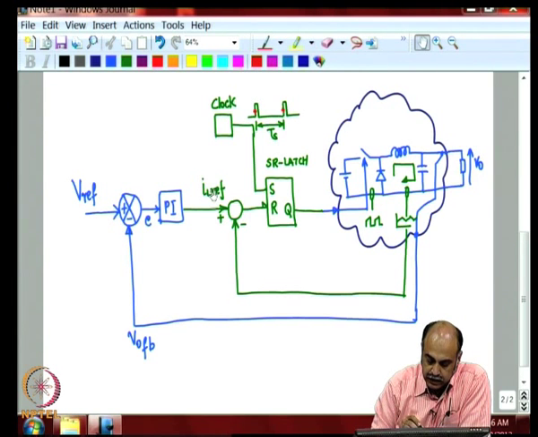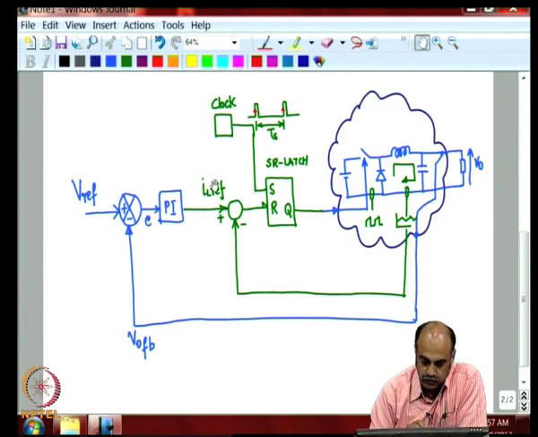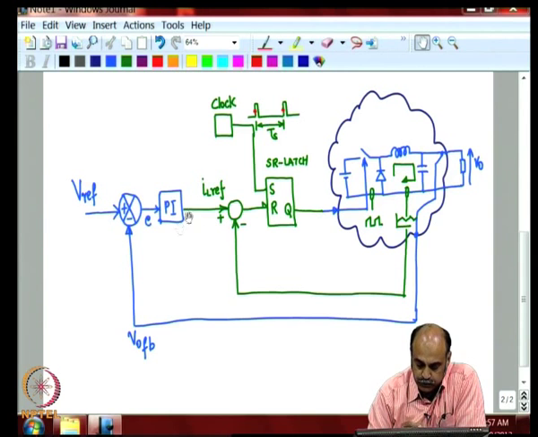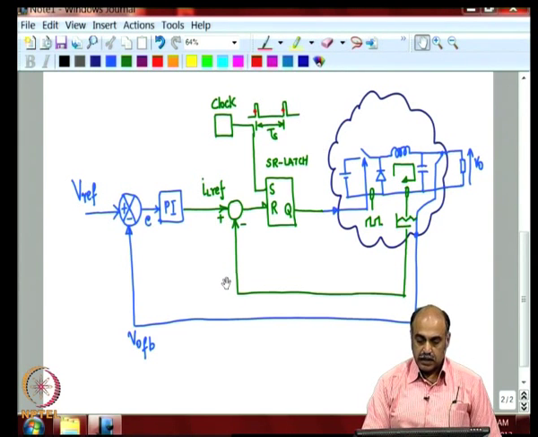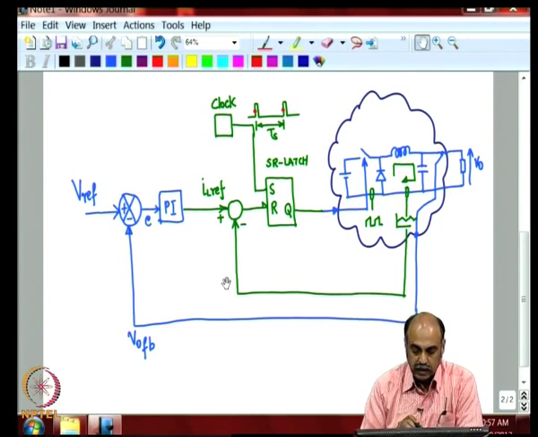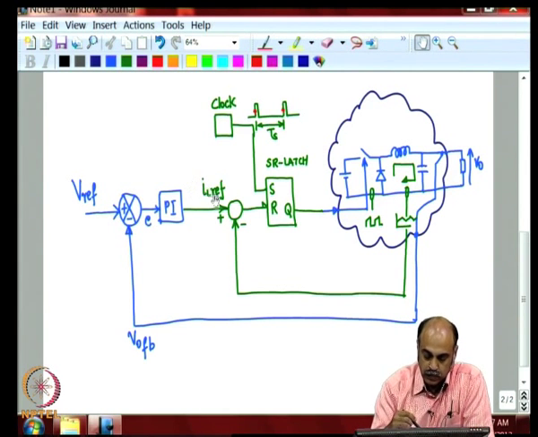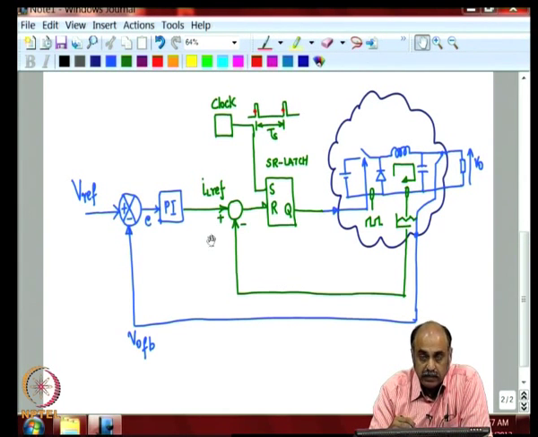And then there is a reference which is set by the output of the slow acting voltage control loop. So, the slow acting voltage control loop, the PI output, will define what should be the reference current. Of course, in practical implementation there are a few other modifications that will come in to address some problems in current control. We will discuss this later.